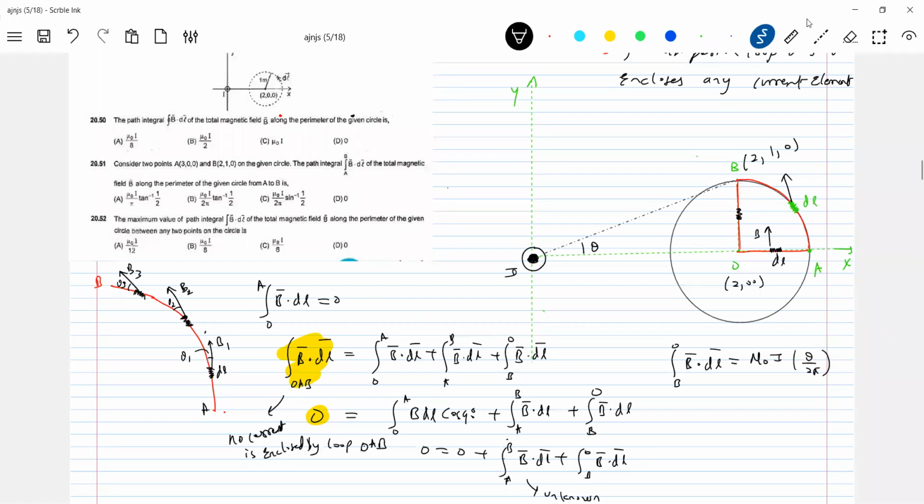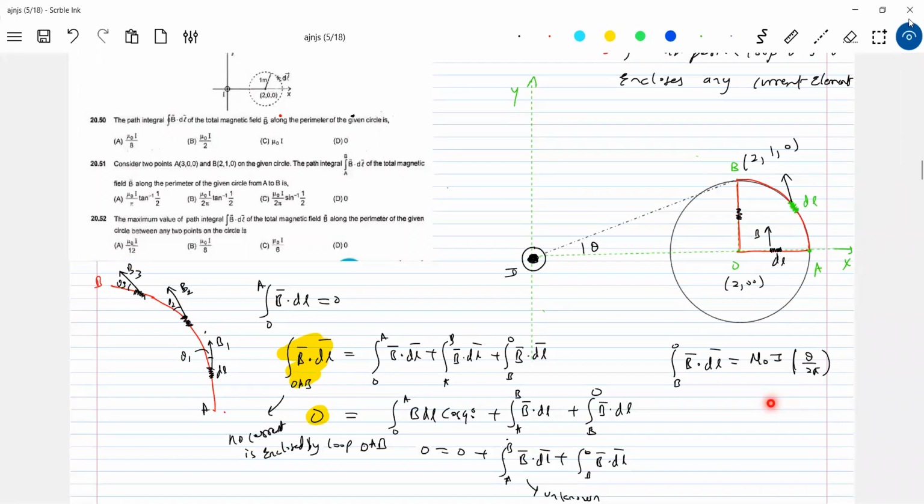I'm directly writing it. If you complete the circle like this, how much should it be? It should be equal to 2 pi. So only for this much of angle, how much should it be? Theta by 2 pi. So we don't know theta, I think we can calculate.